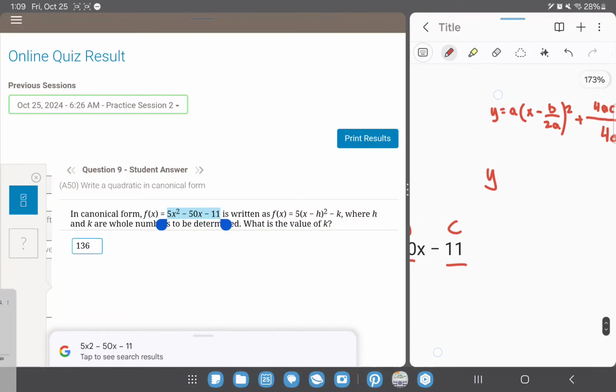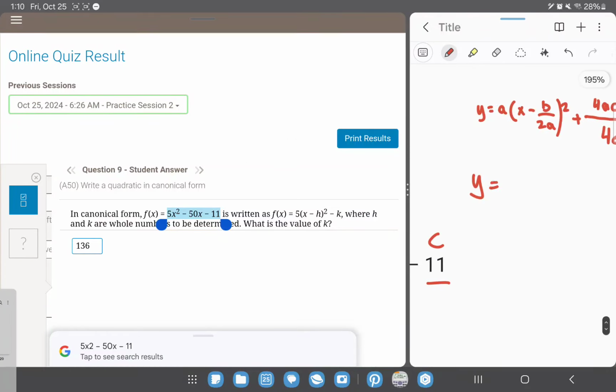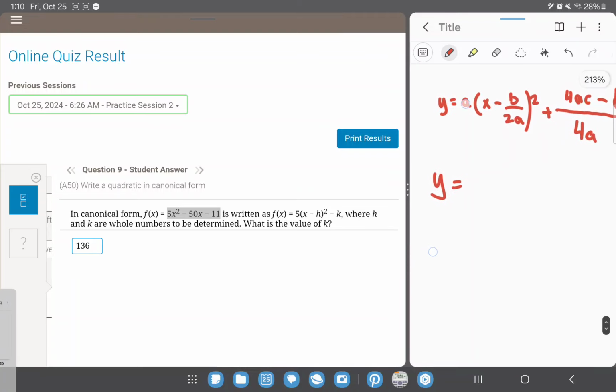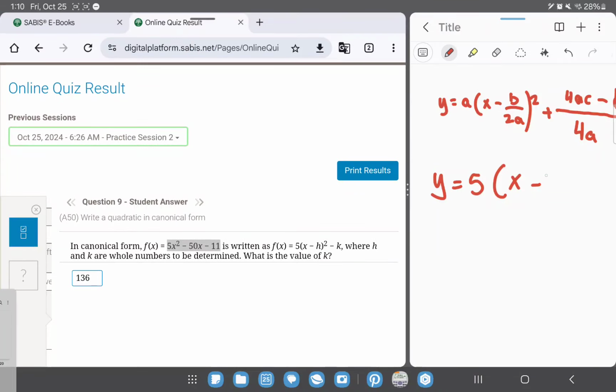Y equals, your a is 5, like we said. So this is a, this is b, this is c. Okay, so y equals 5 into x minus 50.